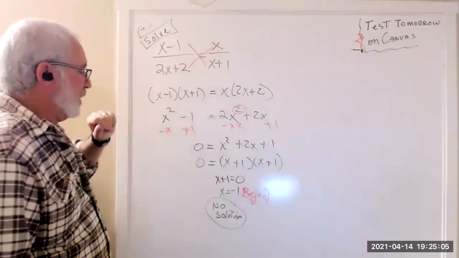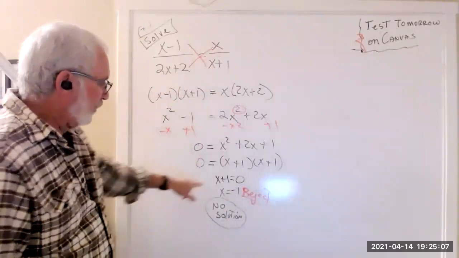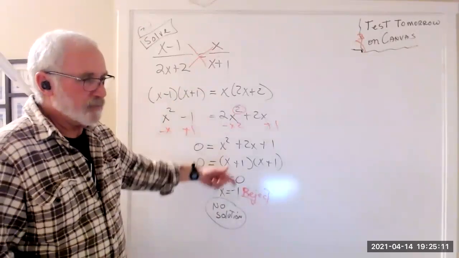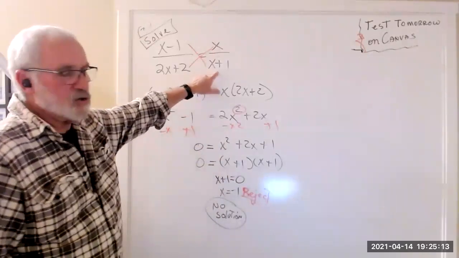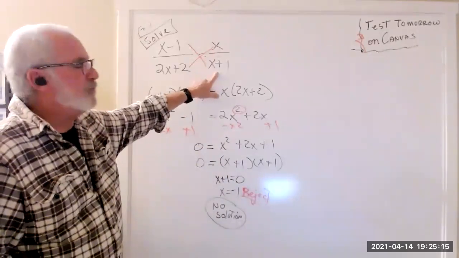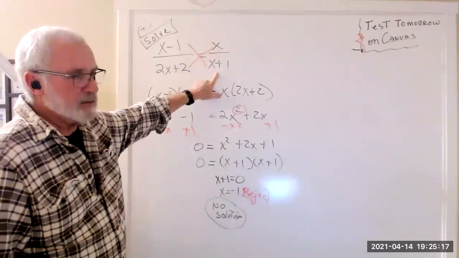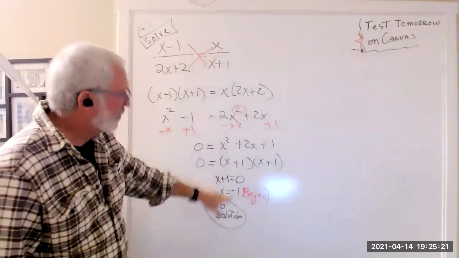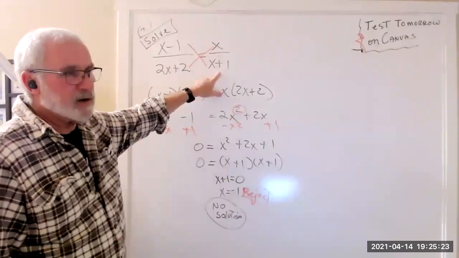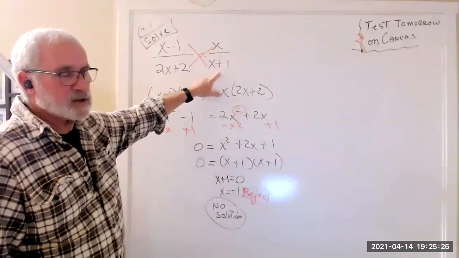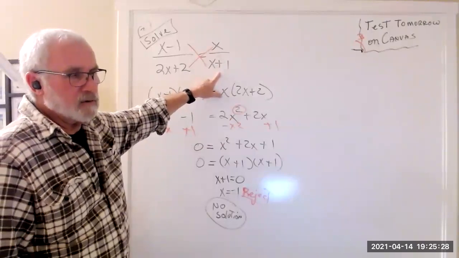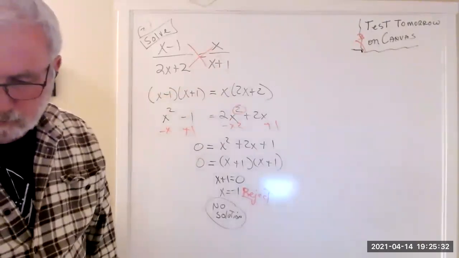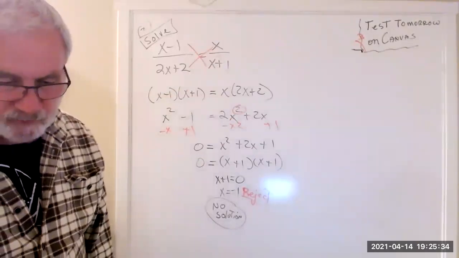But it's easier this way. The other one I wanted to do is I wanted to remind you to always check your answers. On a fraction, check it in the denominator. At the very least, check it in the denominator. If you have a fraction anywhere in your problem, does my answer make my denominator undefined? That's the question you have to ask. Okay or not okay? Okay for everybody.